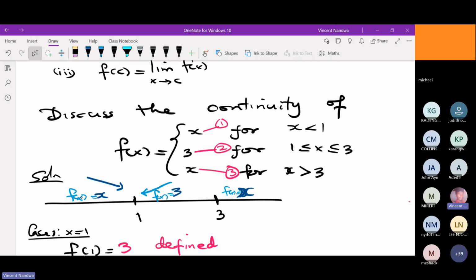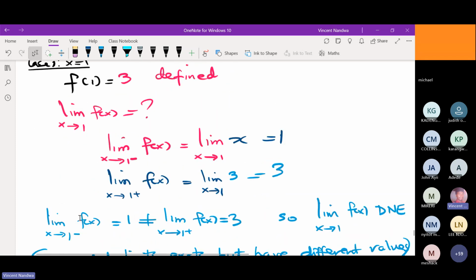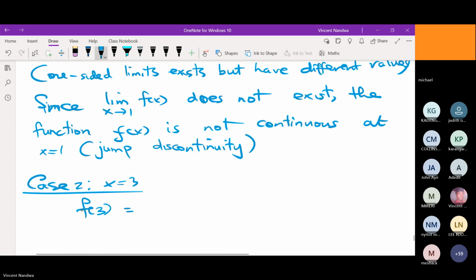So when you want to calculate value of the function at exactly x equals to 3, we must use the middle branch. So this is 3. So f of 3 is well defined.